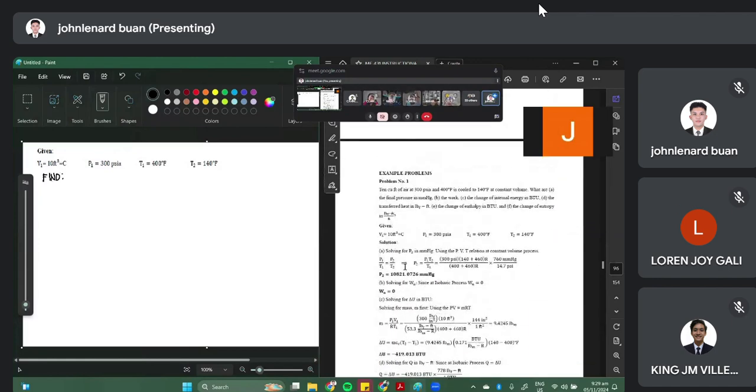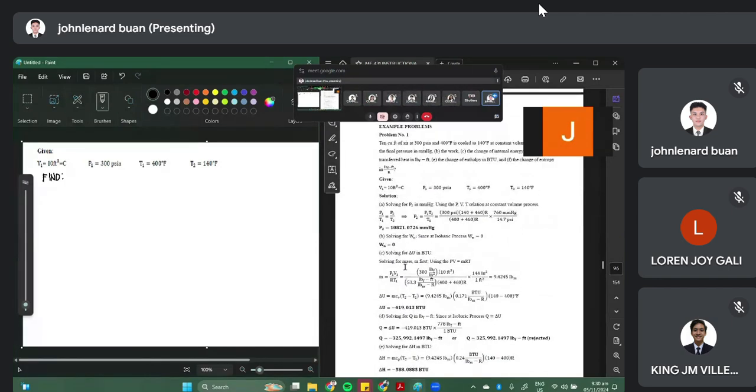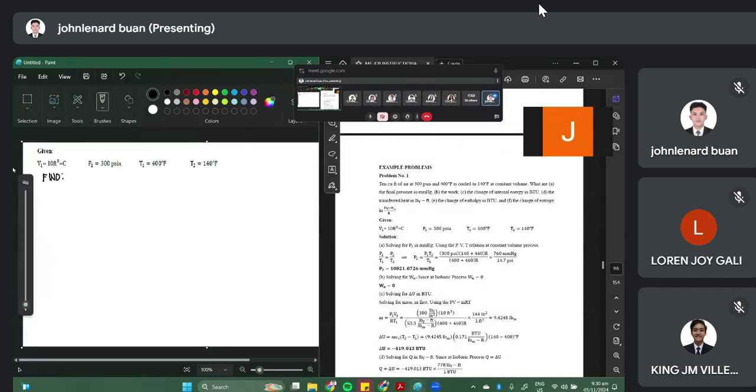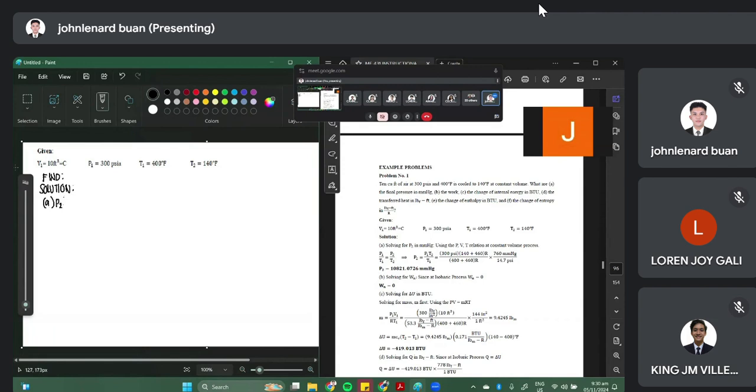So after writing down what is being asked for us to find, let's start solving. So write down your solution. Sana magkasya to sa isa. So for A, sabi dyan, what is the final pressure? Final pressure, so ibig sabihin P2. What is P2?